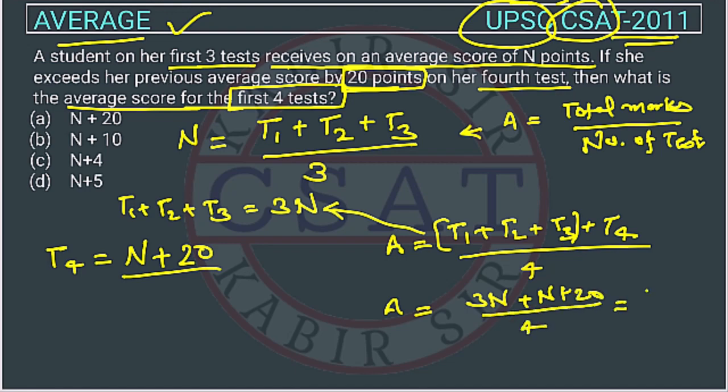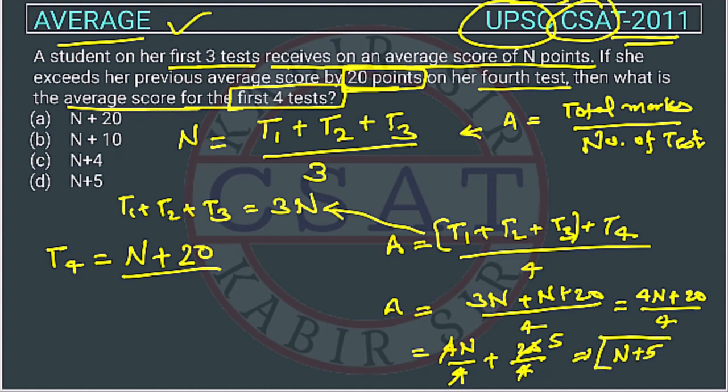So it will be 4n plus 20 upon 4, right? Or we can write it like this: 4n upon 4 plus 20 upon 4. So this 4 will cancel this 4, and 4 fives are 20. So this will be n plus 5. So the answer is option D. So n plus 5 is the correct answer.